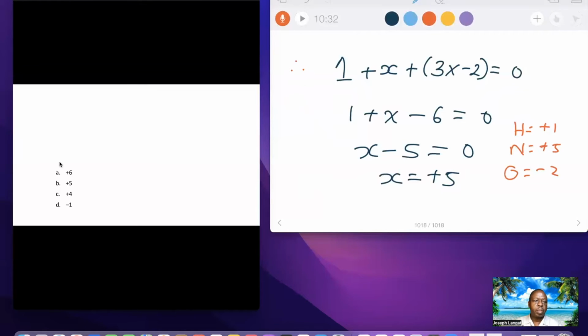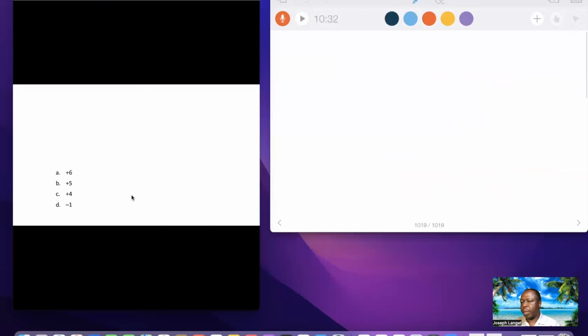So the correct answer here is B. You have to equate the sum to 0 for a neutral compound. So that's how you will do it. You will determine the oxidation state for each element.